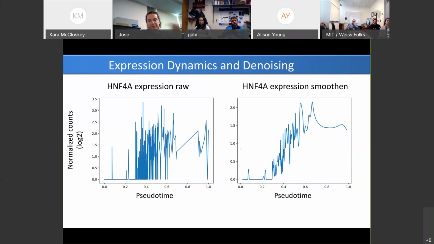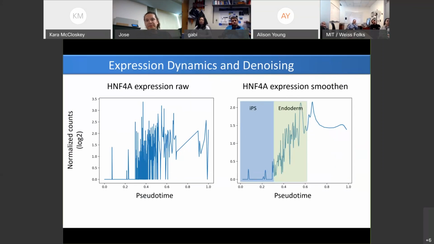In this case, we use a very simple sliding window average technique. It's very naive. In the x-axis, we have pseudotime. And as expected, HNF4 alpha, which is a transcription factor associated with development of hepatocytes, is not expressed at the iPS stage.